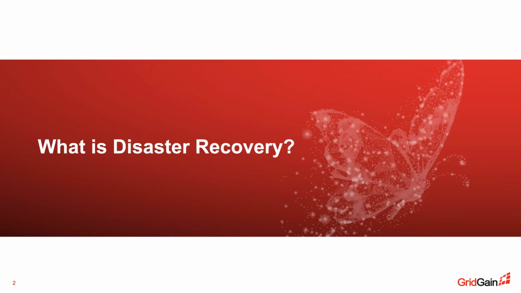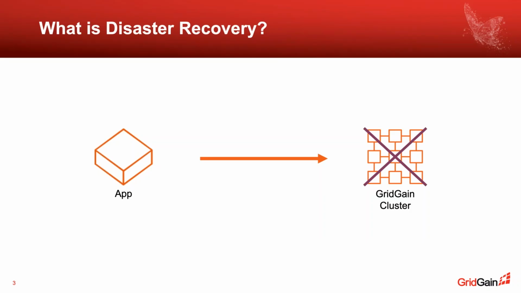So first, what is disaster recovery and what kind of disaster recovery are we going to talk about today? In general, disaster recovery is any sort of measures, any sort of plan that you might have in a situation like this. Your application is connected to your system, say it's a GridGain cluster, and the system is not available.